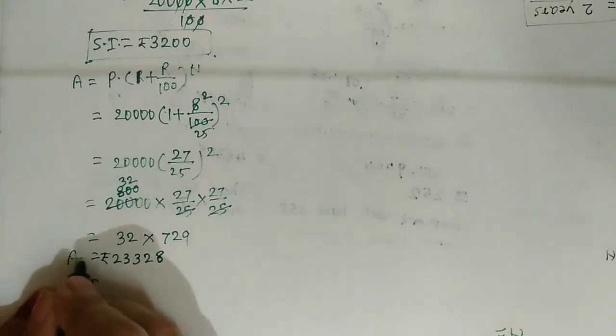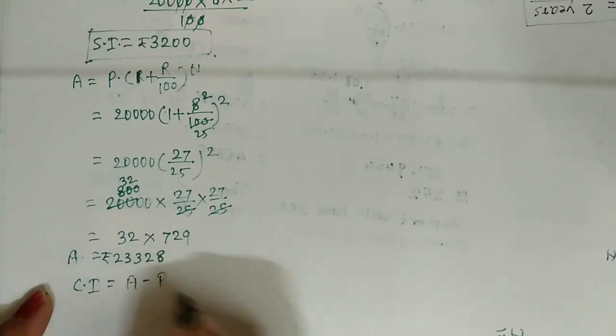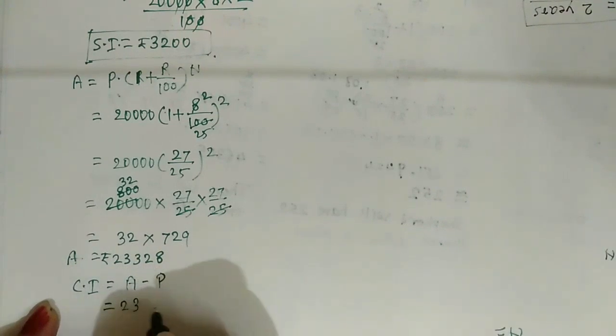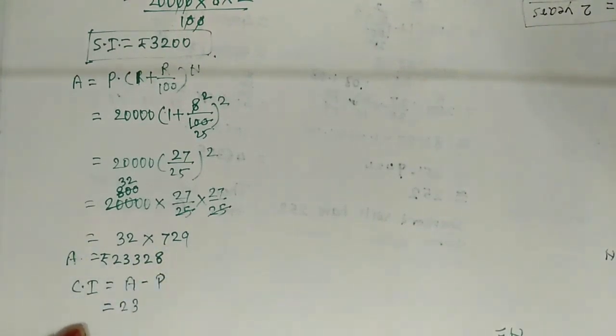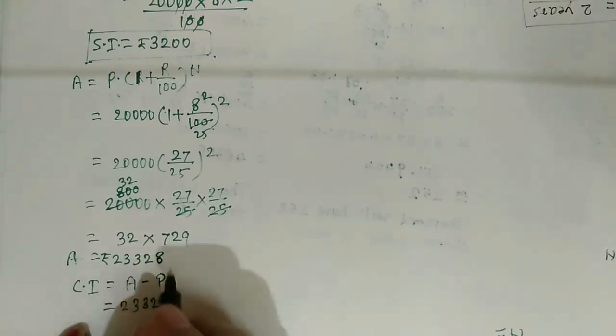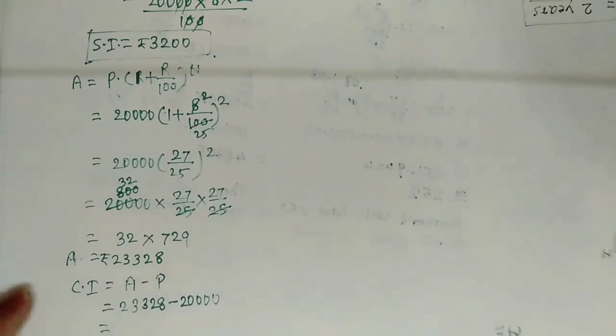Compound interest is equal to amount minus principal. So 23,328 minus principal, which is 20,000.